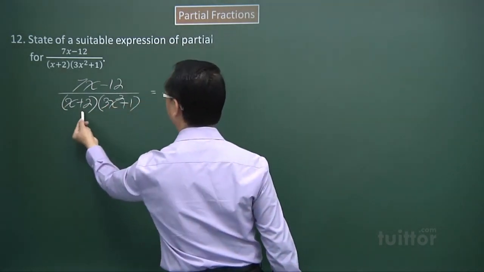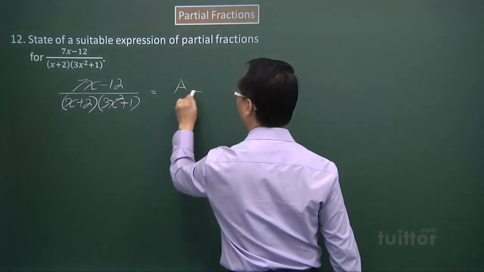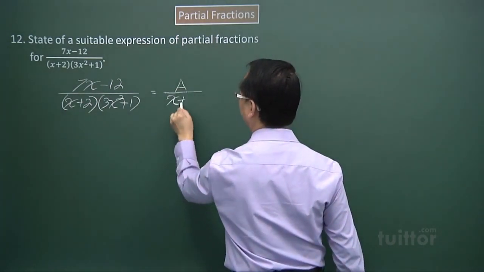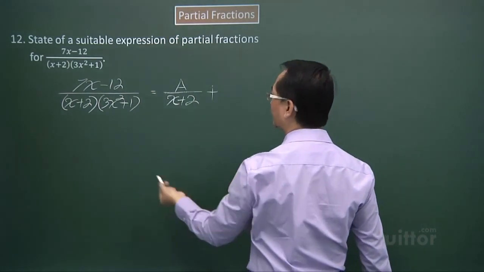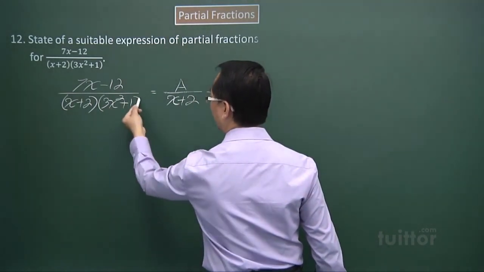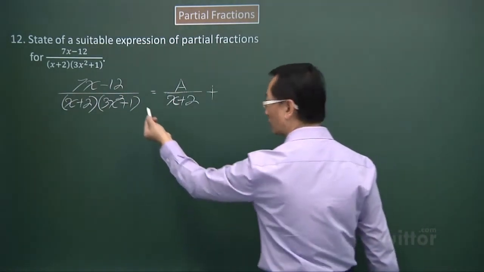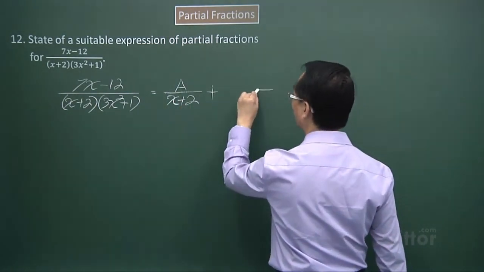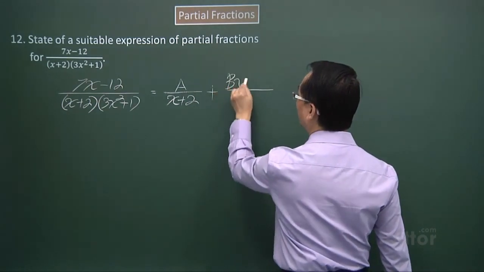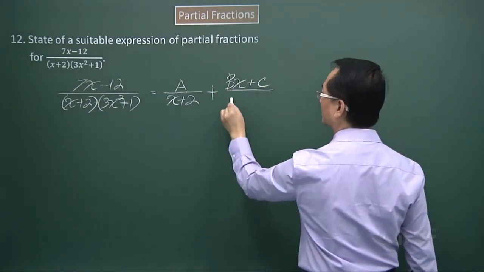For the linear factor, I will have a constant a over that factor plus, this is a quadratic unfactorizable factor. It's quadratic, so the numerator ought to be a linear expression.